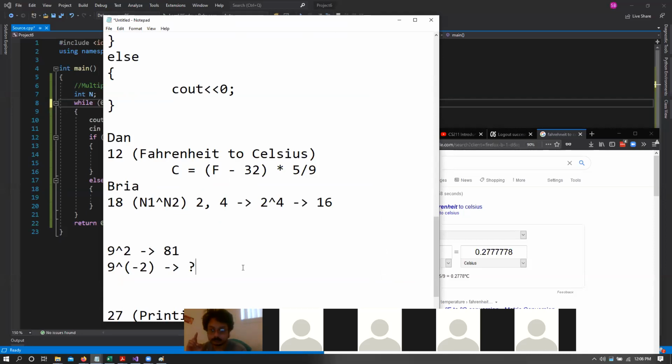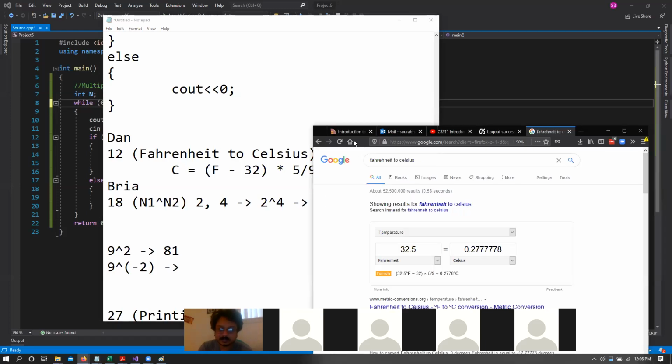It's going to be 0.01 something. No, it would be the square root of 9, that is 3. Are you talking about 9 to the power 1 by 2? I'm talking about 9 to the power of 1 by 2. My bad. Sorry. 9 to the power of minus 2. What is 9 to the power of minus 2?